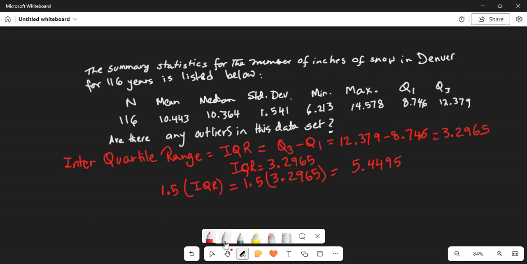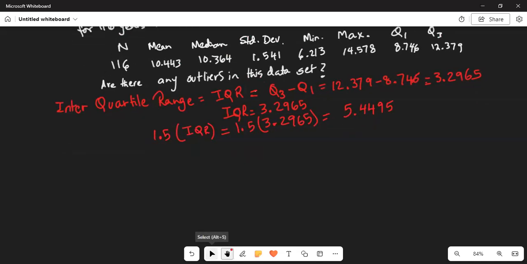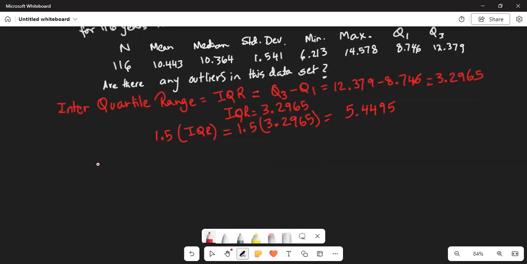So let me create some space. First we will calculate the upper outlier boundary, which is equal to Q3 plus 1.5 times IQR.